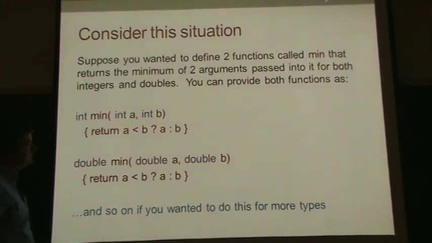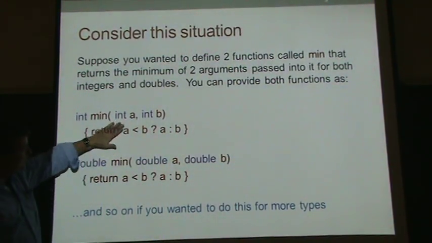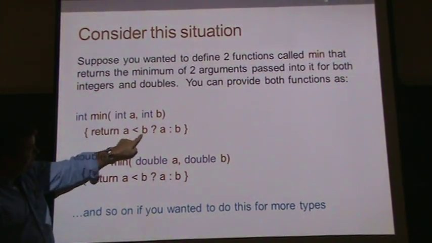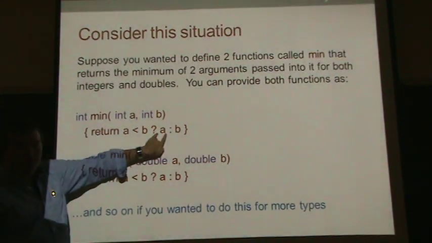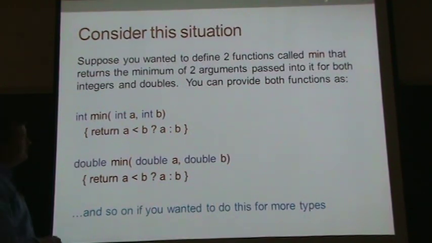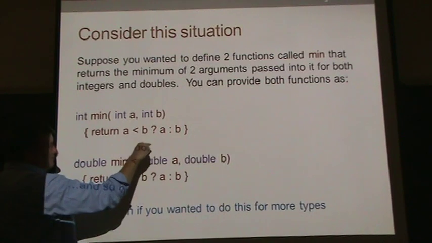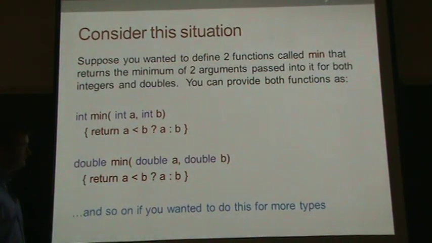I don't know if you've ever seen this before, but this would compile as legal C and C++ code. This is saying a true or false statement: is A less than B, question mark? We're asking that. If it's true, return this, and if it's false, return this, separated by a colon. So this line is equivalent to saying, if A is less than B, then return A, else return B. But it's all done in one line.